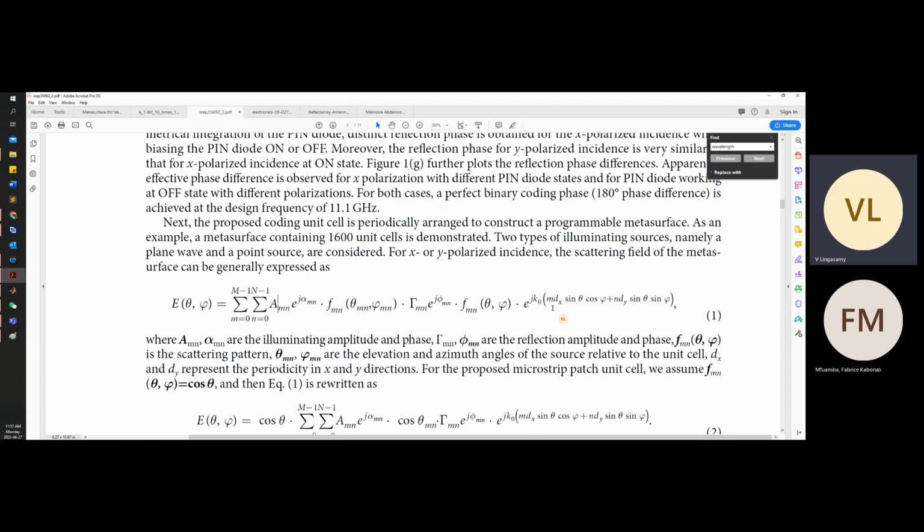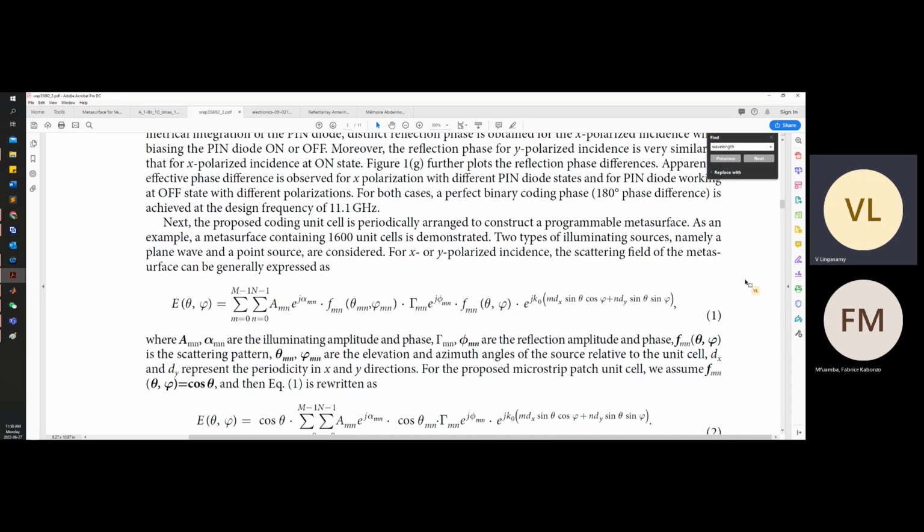You can see here this equation. fmn of theta comma phi is the scattering pattern, or we can say array factor kind of thing. This is a kind of projection. This equation tells you that for an array you will have elements in the x and y direction. For example, let's take a 4 cross 4 array.